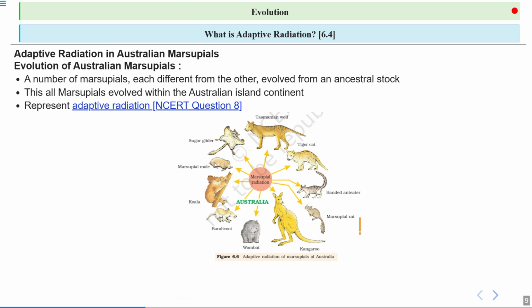They developed certain features while adapting, and slowly they became different species. So adaptive radiation helps in the diversification of species. New species evolve over time because they adapt to their particular environment, and all of these species evolve from a single common ancestor.